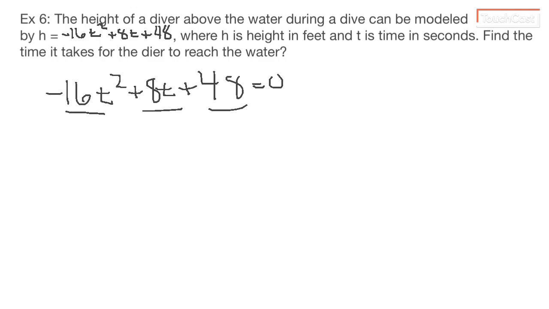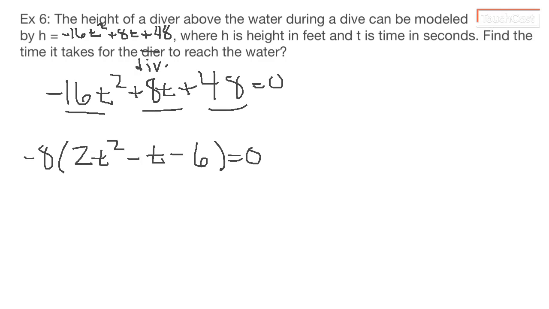out a negative 8. So we're going to have negative 8 times 2t squared minus t minus 6 equals 0. Because when we are wanting to know when the diver reaches the water, that would mean that the height is 0.